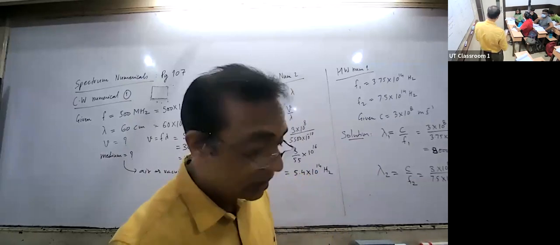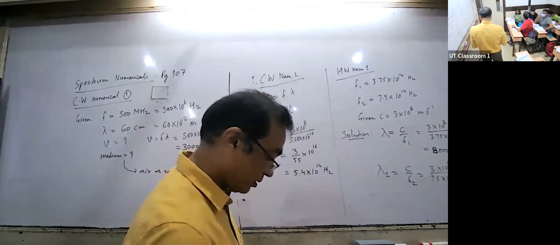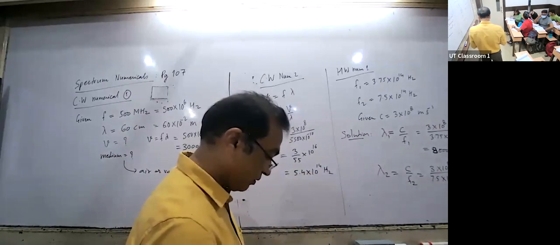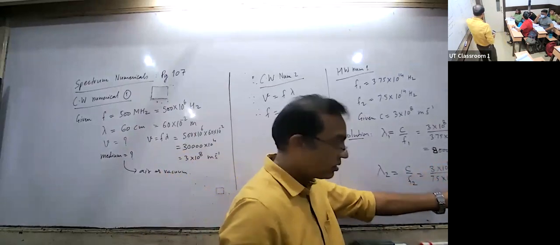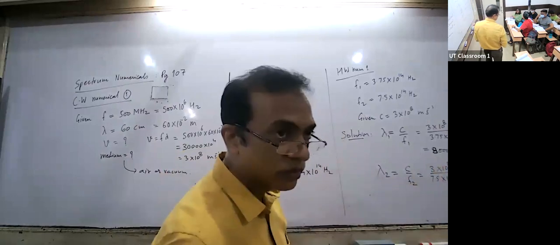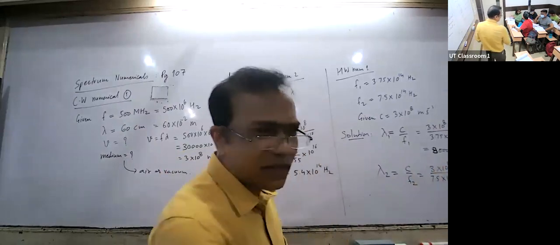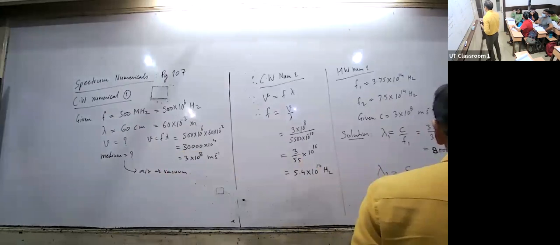So let me use the calculator. 3 by 3.75. So this is 8,000. This should be then 4,000. So this is hypothetical, just mathematics.